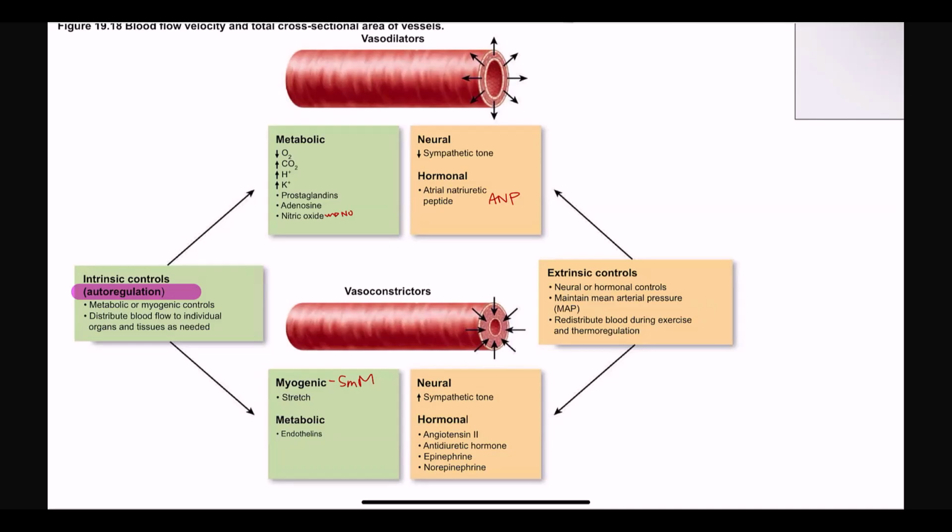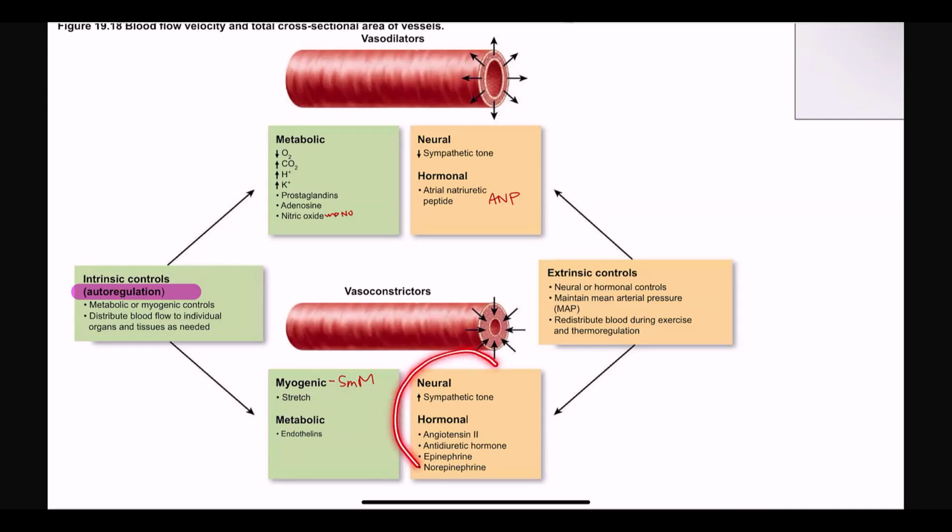And so if those smooth muscles are detecting too much stretch, that smooth muscle will resist that stretch. And the opposite's true too. If the stretch is too little, then we'll vasodilate. But in this case, for causing vasoconstriction, there's too much stretch, so we're going to resist that stretch and vasoconstrict a little bit by the smooth muscle of the vessel.